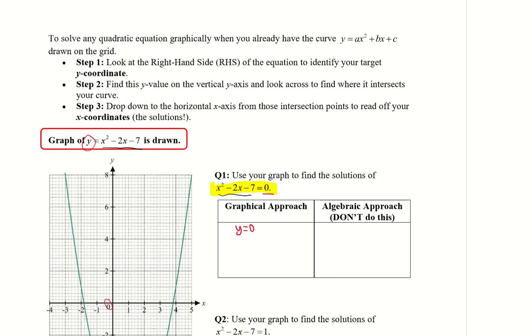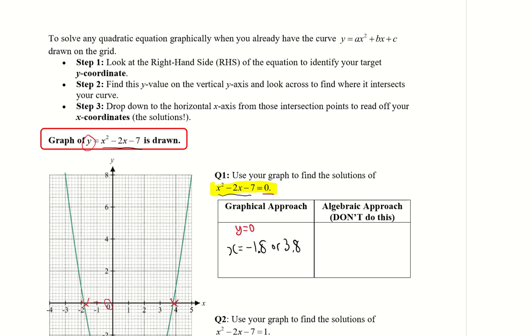So these are the points here and here, and I know x is -1.8 or 3.8. So this is the graphical approach.